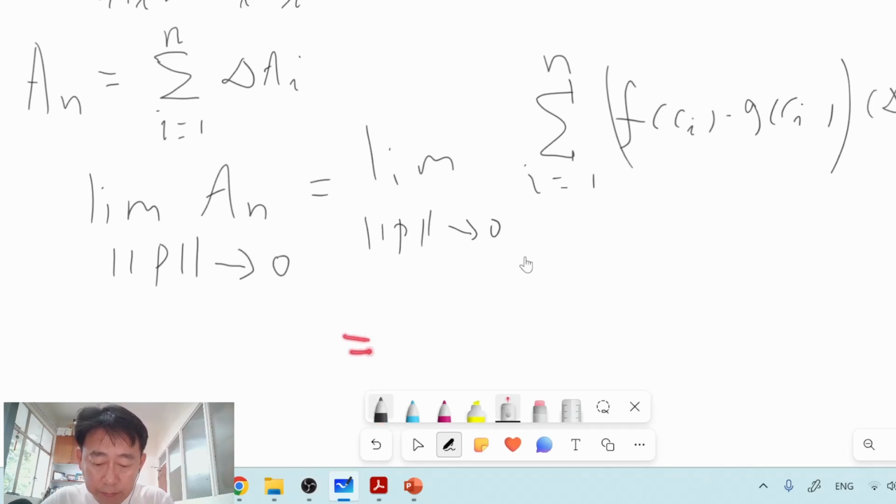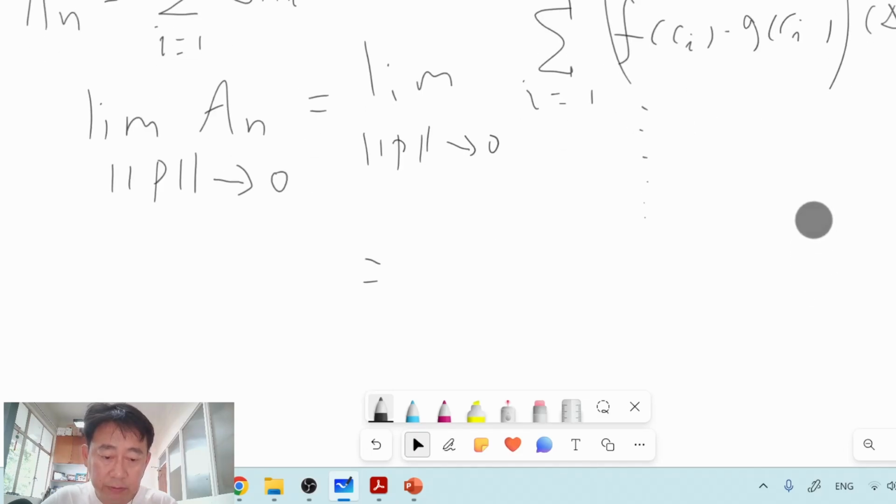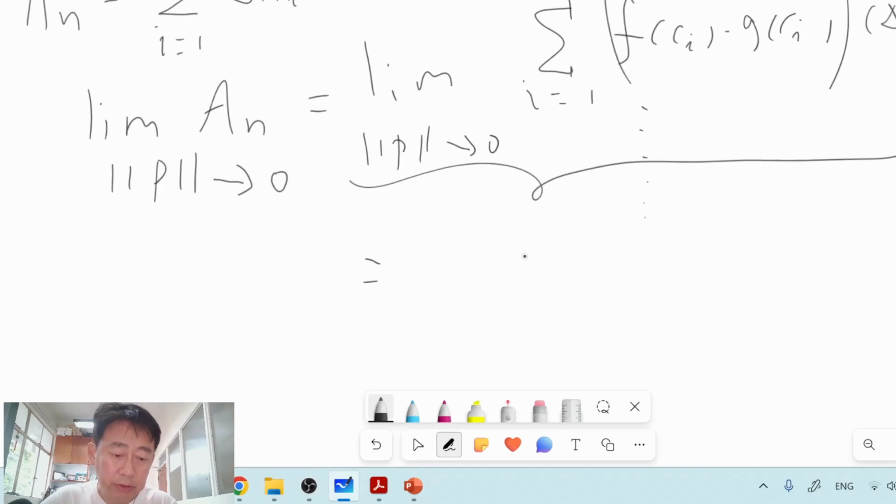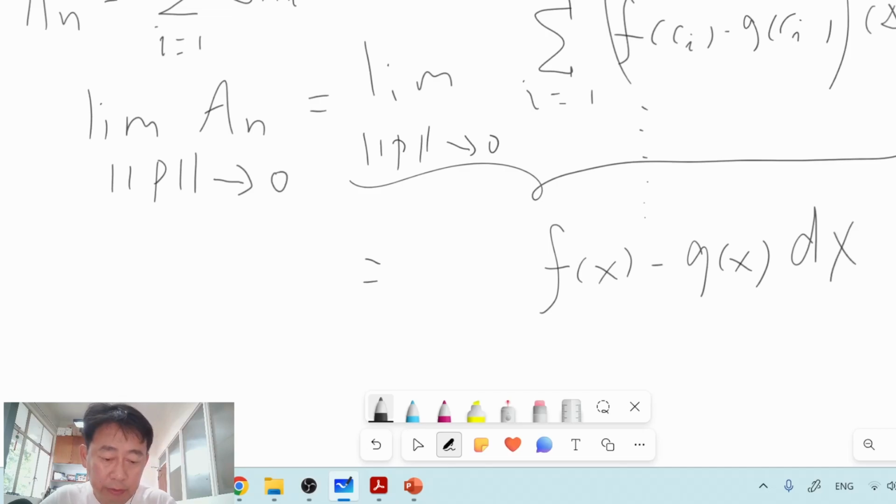Then you will be able to show, after some steps of algebra, that this Riemann sum can be proven to be simply given by f of x minus g of x integrated over x from a to b.